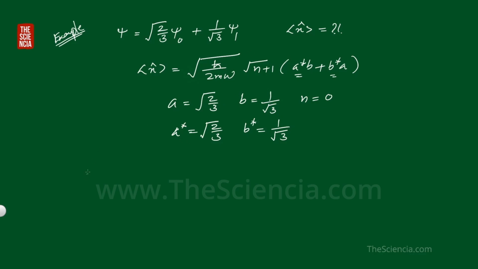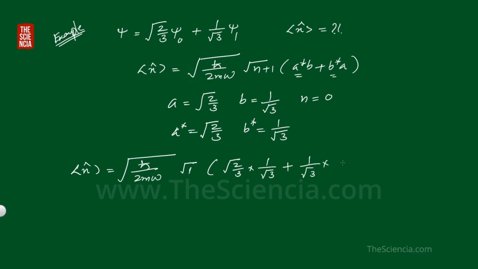Now we substitute all these values in the expression: x cap is equal to root h cross by 2m omega into root n plus 1, that is root 1, into a star, root 2 by 3, into b, 1 by root 3, plus b star, 1 by root 3, into a, root 2 by 3.